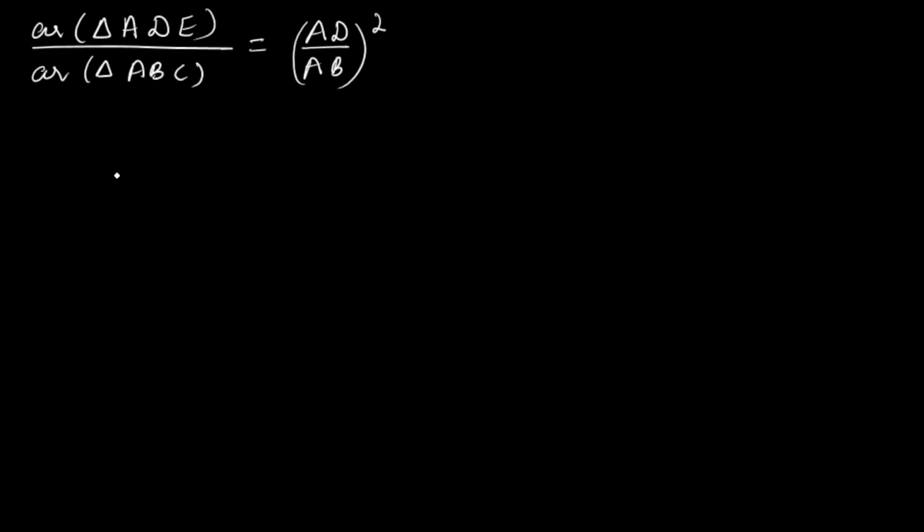So that means we can find this ratio. Now the ratio of the areas we already found in the first part. This is 1 by 2. So I am just going to substitute here 1 by 2. This is equal to AD by AB whole square.